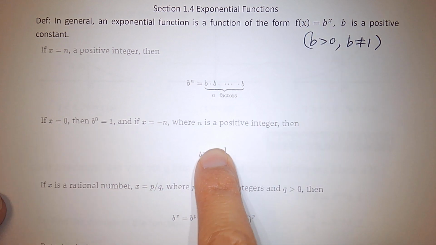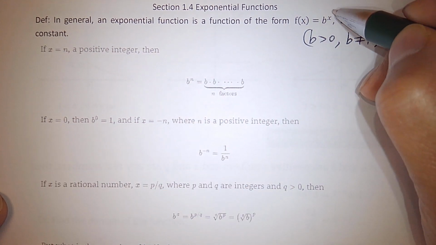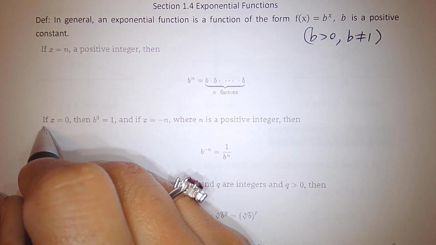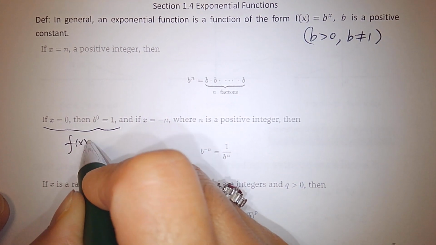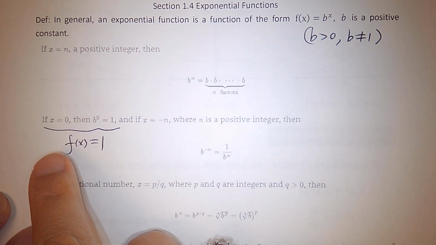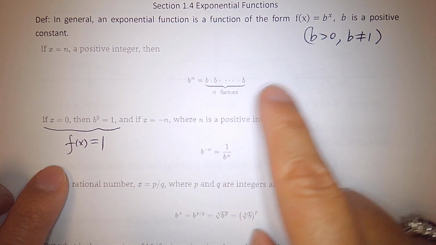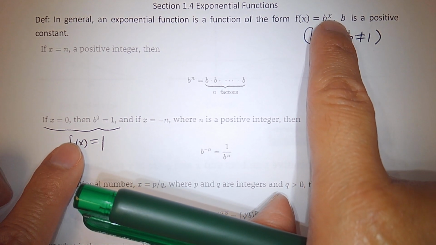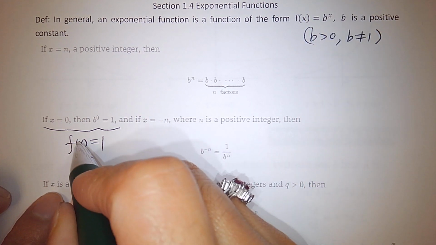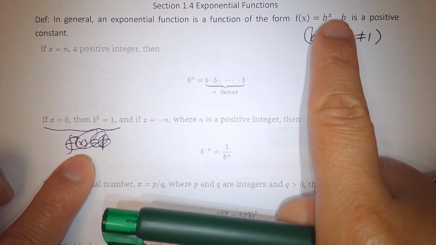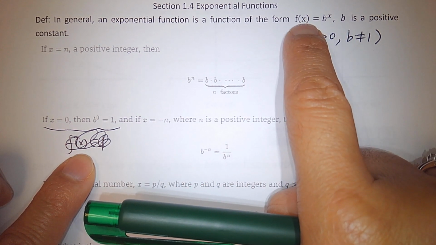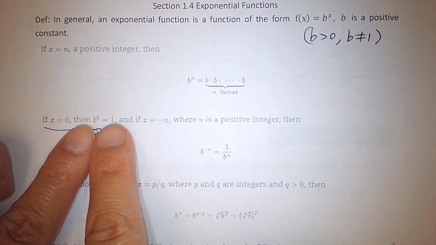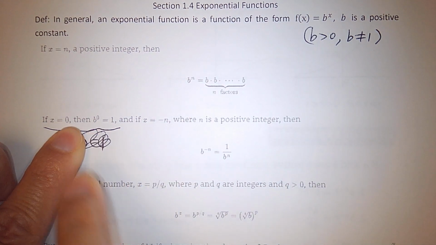So when x equals 0, f of x becomes 1. Sorry, it's not a function, f of 0 equals 1. It's a point, a y value. Never mind, I said something wrong.